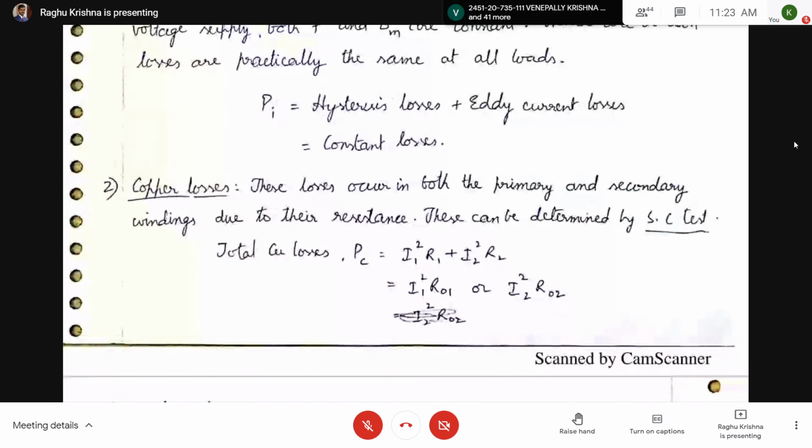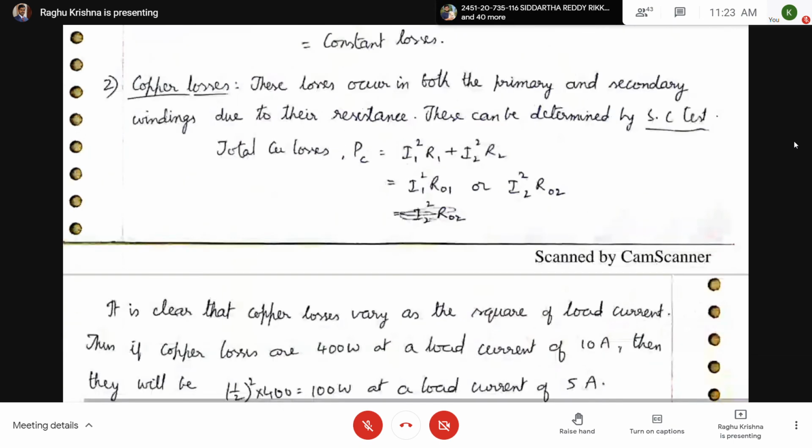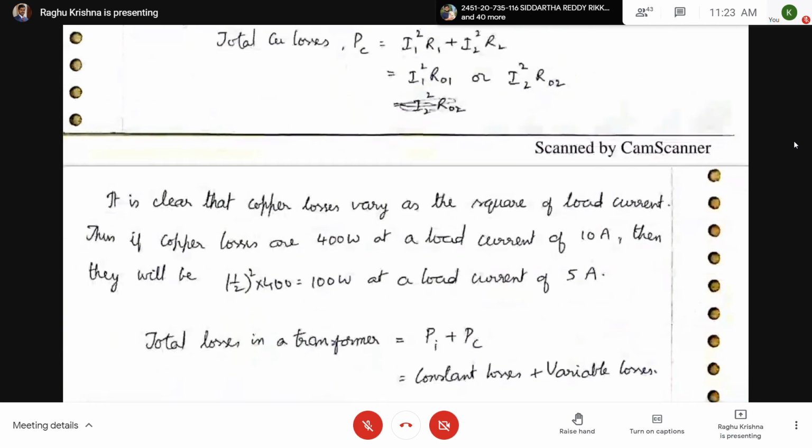So total copper losses, Pc equals I1 square R1 plus I2 square R2, which can be written as I1 square R01 or I2 square R02, where R01 is the equivalent resistance referred to primary. Total losses equal iron losses plus copper losses.